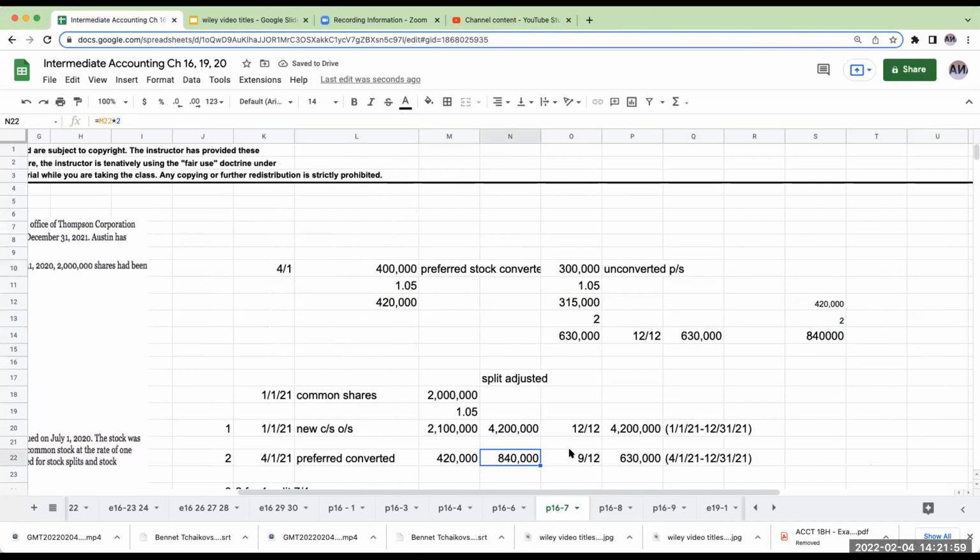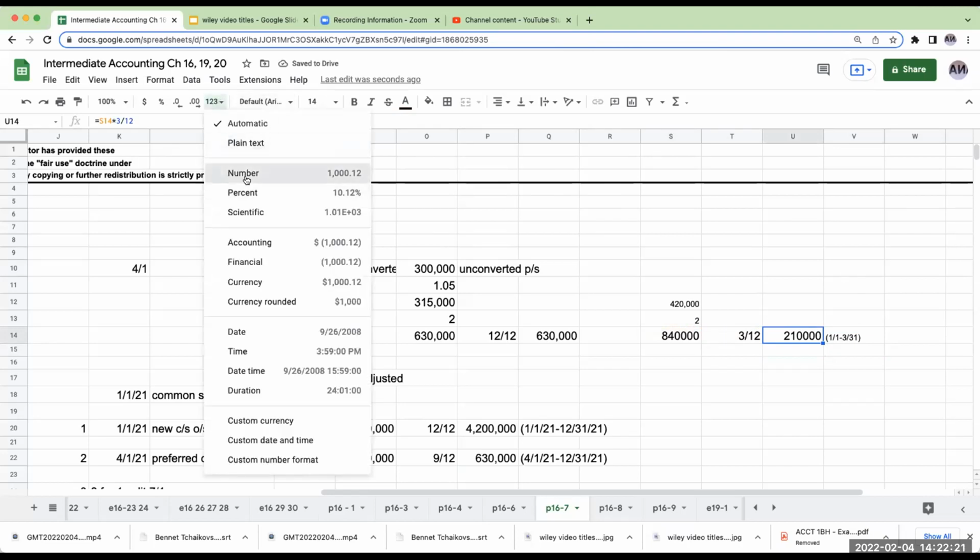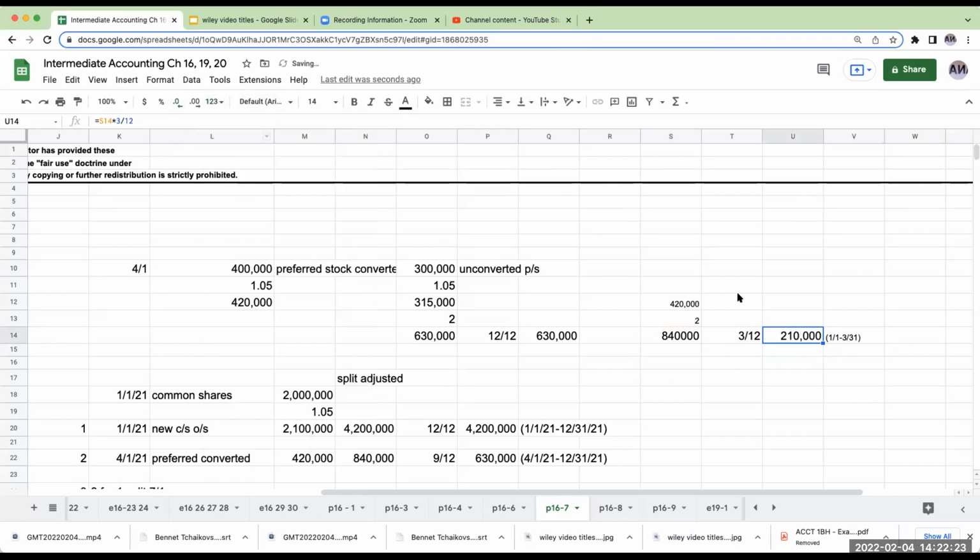So it's really the same one, but in this case I'm now multiplying this by 3/12, from 1/1 to 3/31. And so this is going to add in here a total of 210,000 shares. So I'm going to go ahead and put in 210,000.